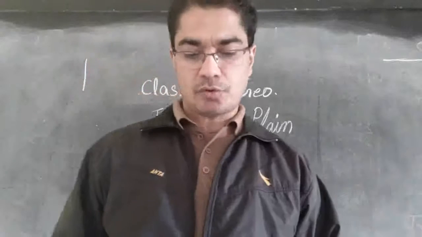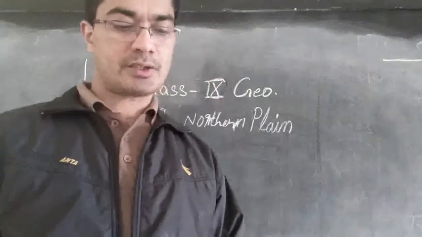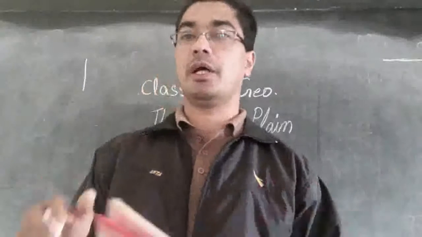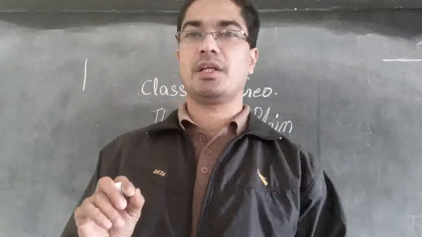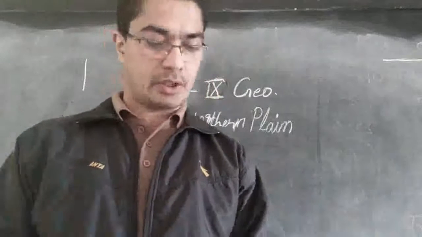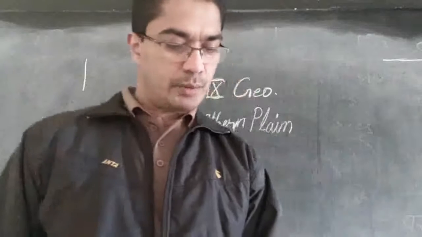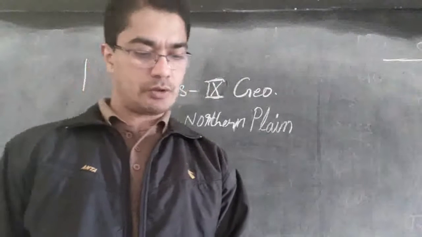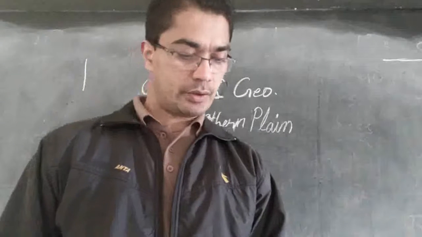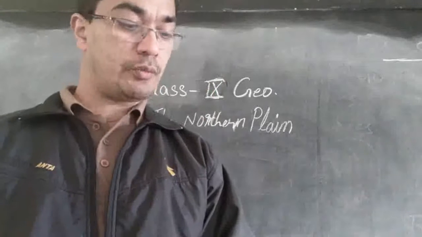And it spreads over an area of 7 lakh square kilometers. So the area of this northern plain is 7 lakh square kilometers. You can underline. The plain is about 2,400 kilometers long.